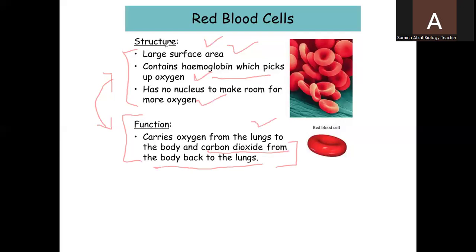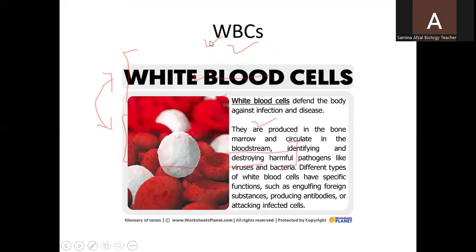Now we will move towards the next slide, which is about white blood cells. White blood cells defend the body against infection and disease, or simply we can say they fight against the microorganisms which try to cause infection in our body.